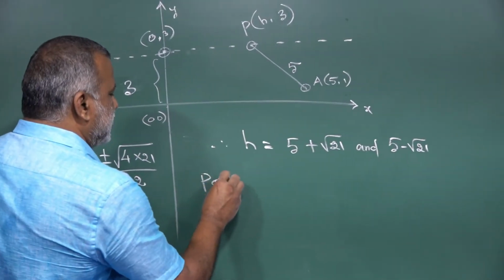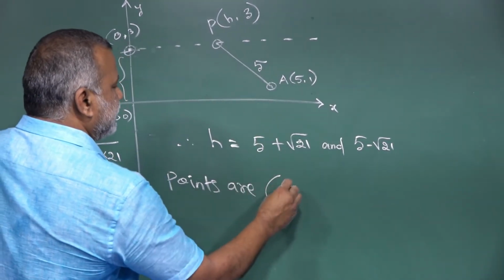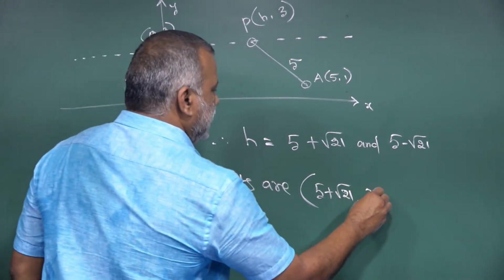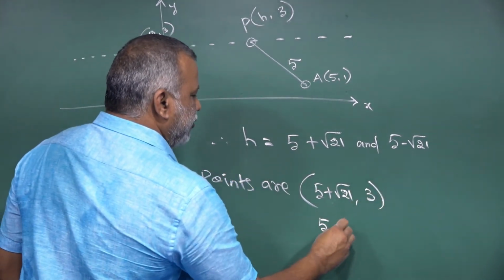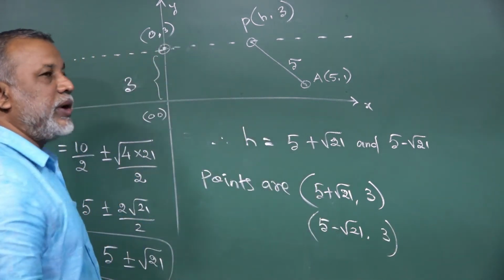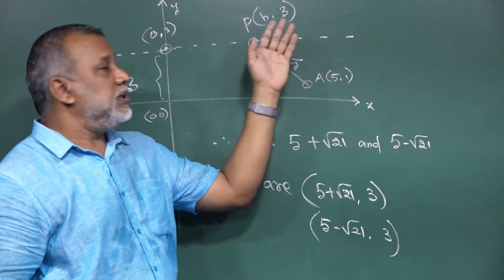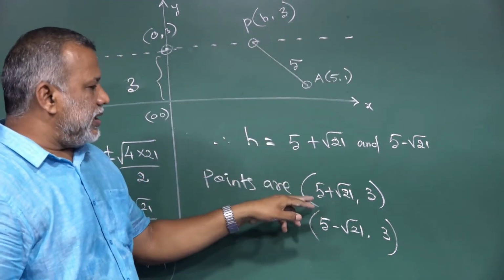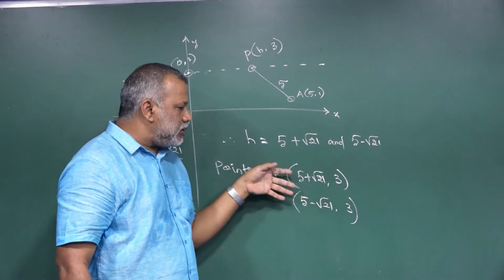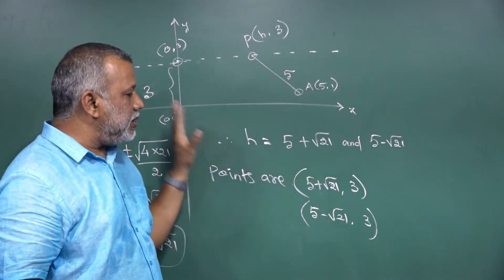Therefore the points are 5 plus root 21 comma 3 and 5 minus root 21 comma 3. These are the required points on this locus. These 2 points lie on this line, so we are getting 2 points.